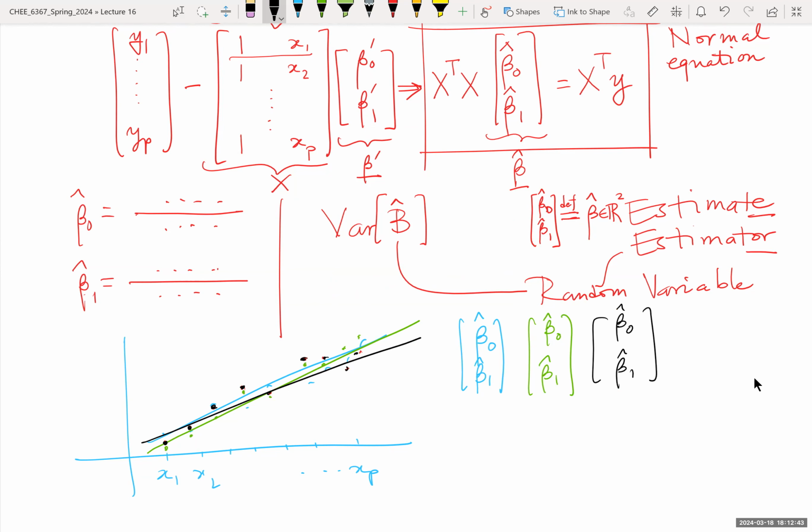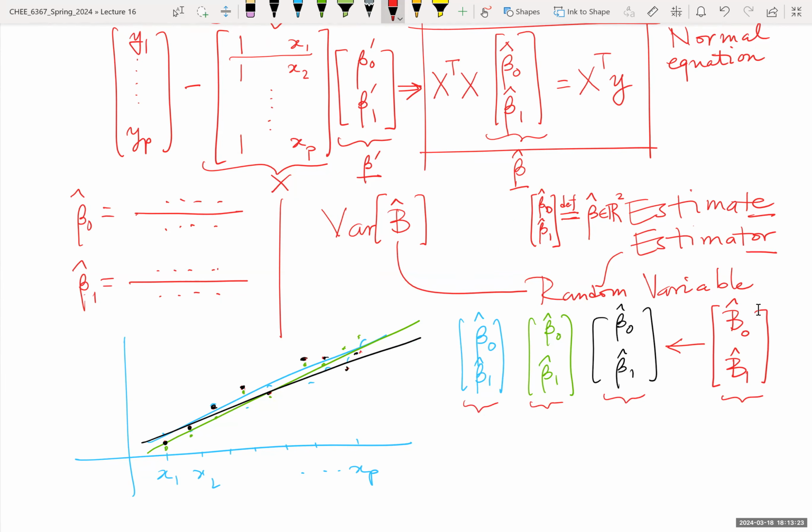In general, they're going to be close, but not exactly the same, which means I can interpret those values here as values that a random variable takes. And this random variable that takes these values is what I call beta capital hat 0 or B0, beta capital hat 1. It's a typical convention in many textbooks and publications. Random variables are usually uppercase. Values of random variables are lowercase.